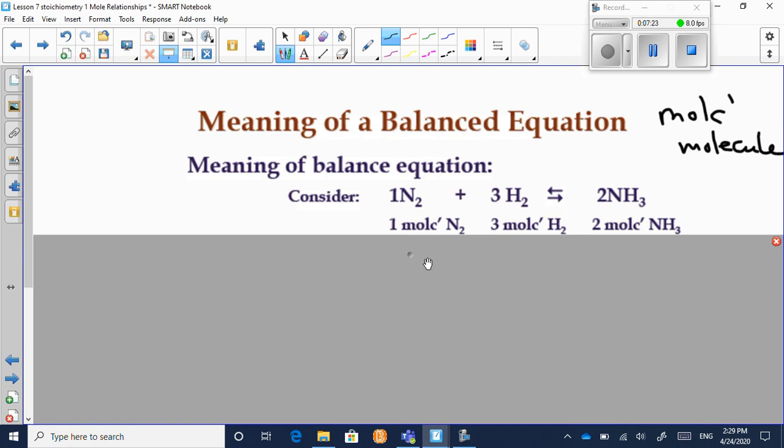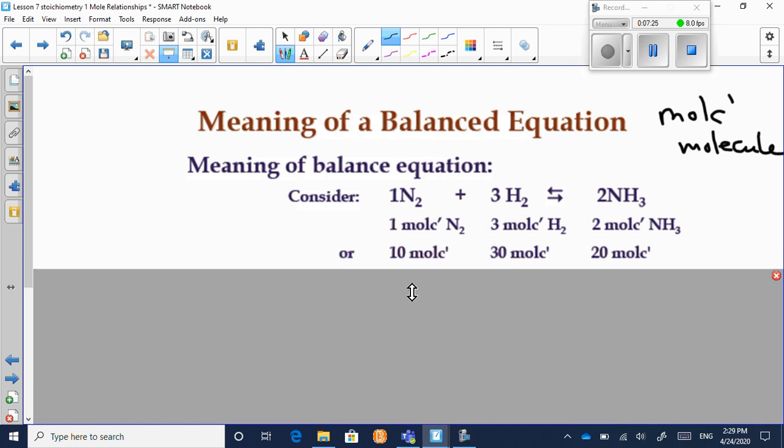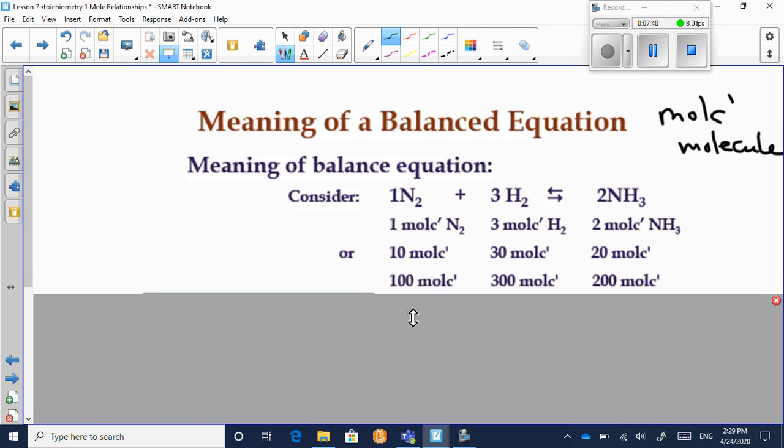Okay, well, let's look at it from another perspective. If we had 10 molecules of N2, we would need 30 molecules of H2, and we would make 20 molecules of NH3. You can scale this up. Let's look at it another way.